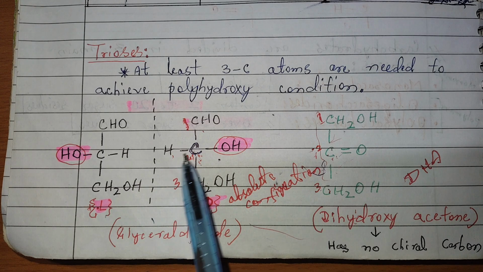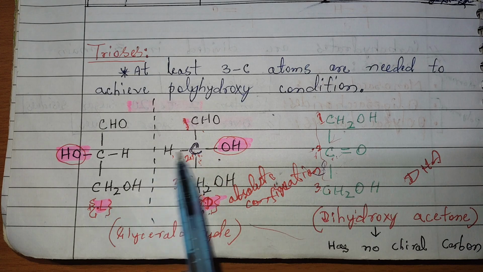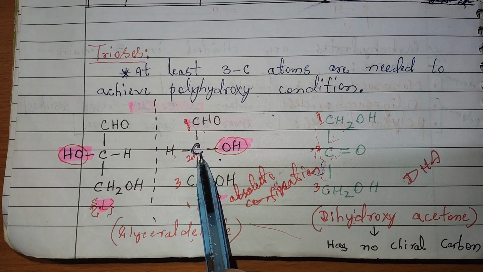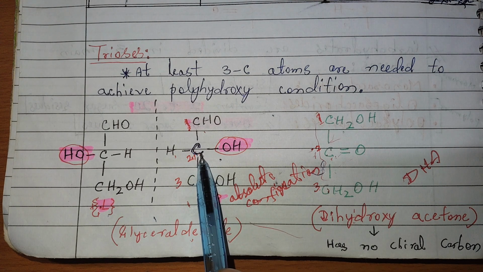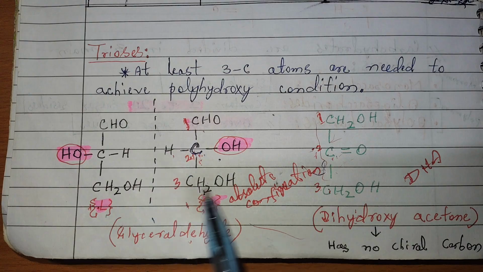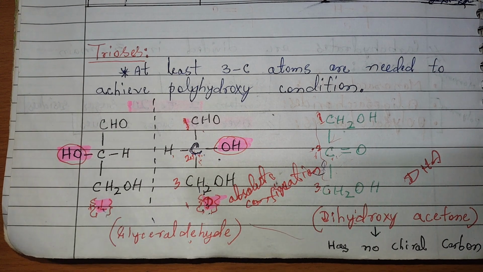In a molecule, if a carbon is bonded by 4 covalent bonds to 4 different moieties, such a carbon is known as a chiral carbon or asymmetric carbon. In turn, that molecule is known as a chiral molecule. Chiral molecules have the property of rotating plane polarized light, either clockwise or anti-clockwise. That is why I have mentioned capital D and capital L here.